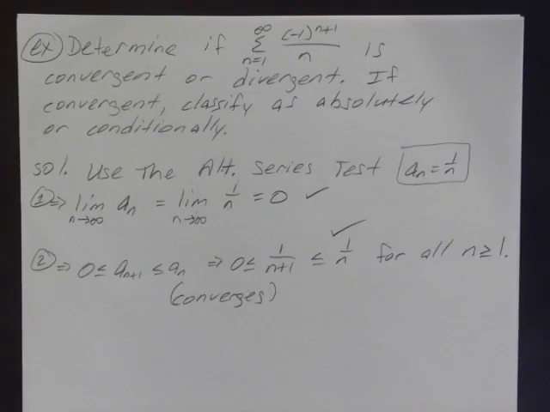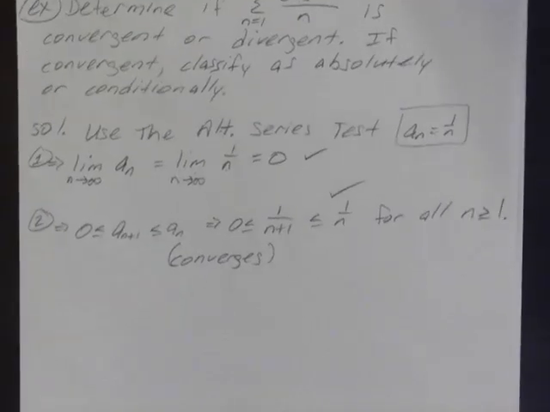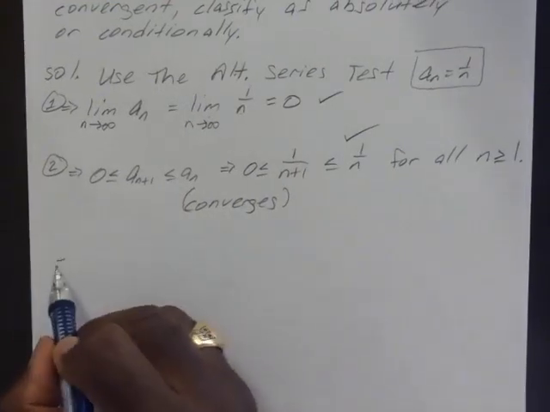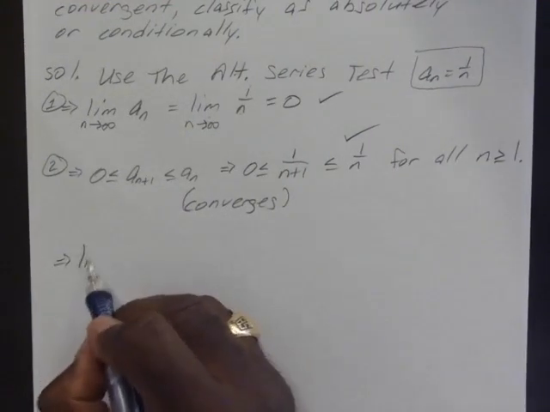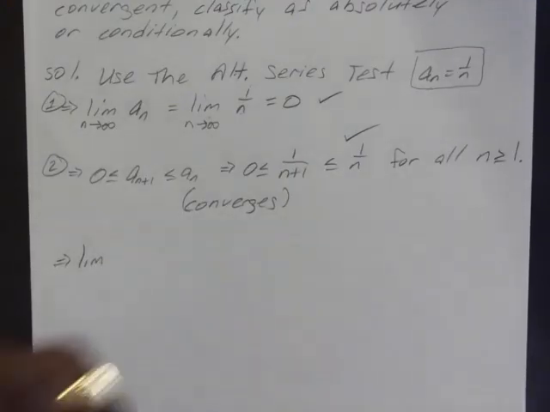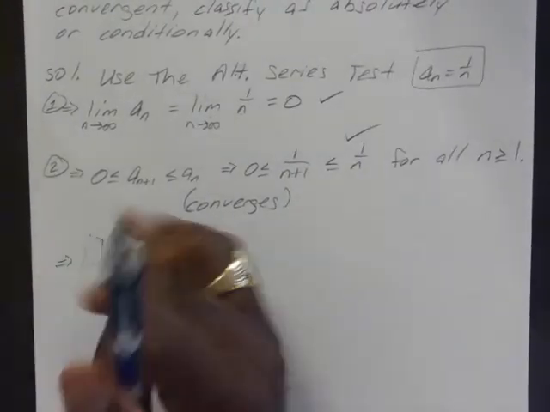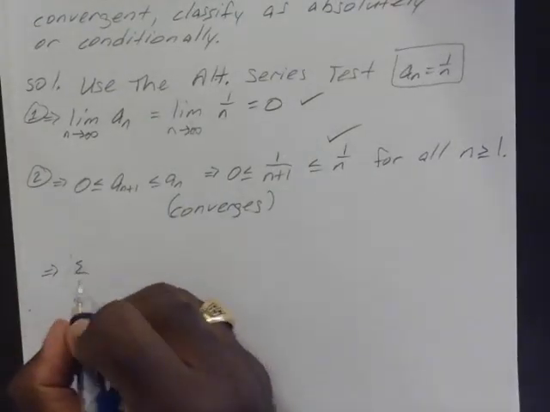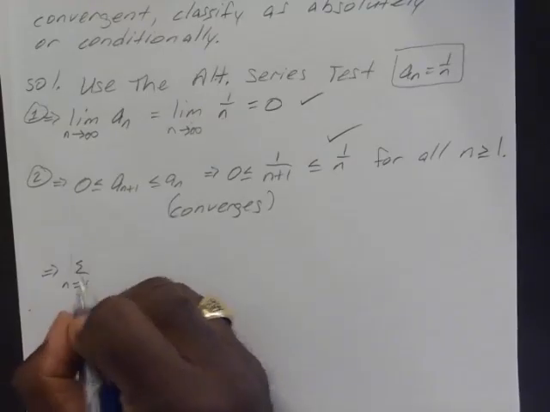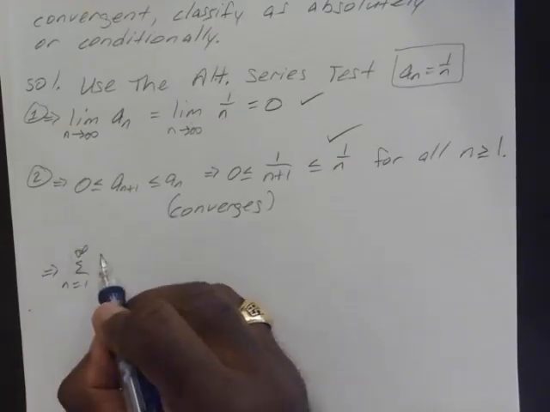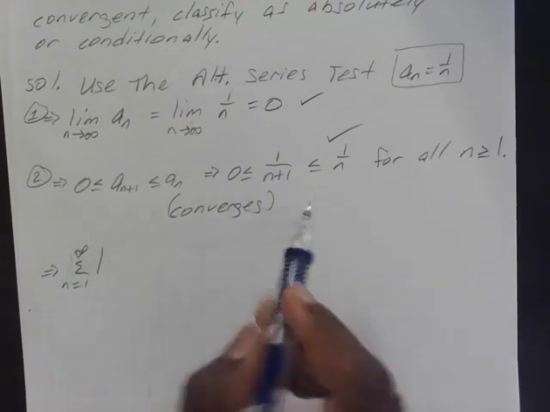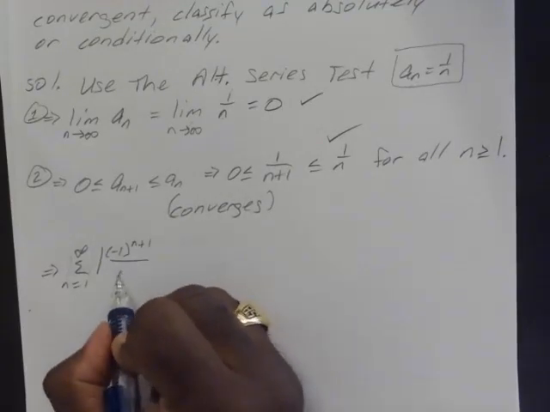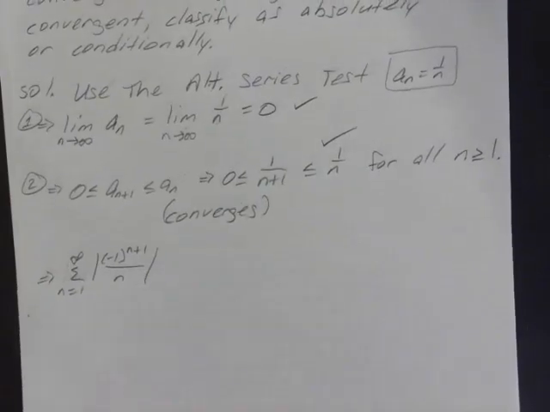Now we have to look at the absolute value of your a sub n. So we have the sum from n equals 1 to infinity of the absolute value of your a sub n, which is negative 1 to the n plus 1 over n. I'll write that out first.